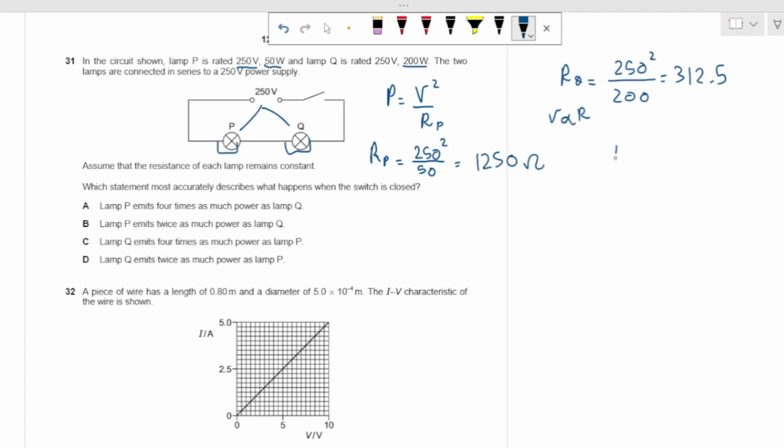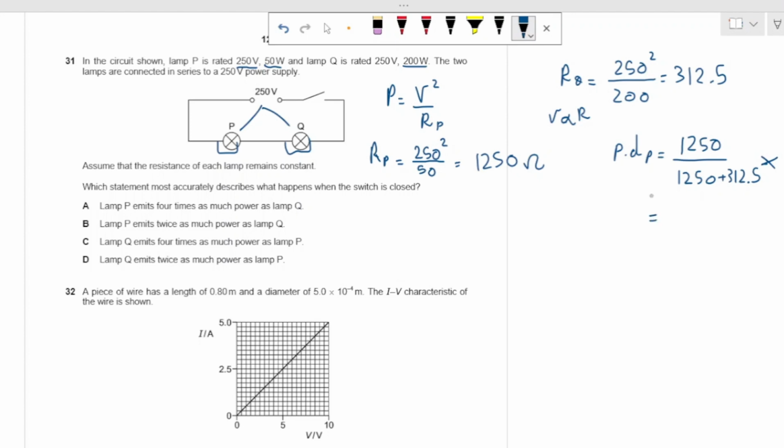The potential difference passing through P is the resistance of P over the total resistance, 1250 plus 312.5, and this whole thing would be multiplied with the total voltage.